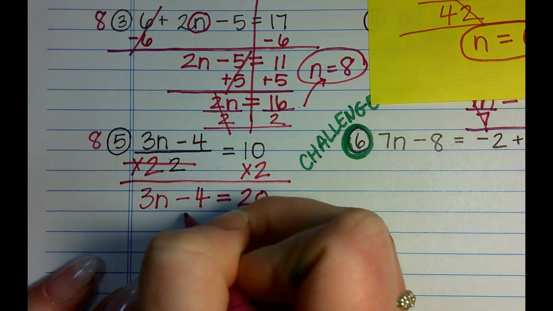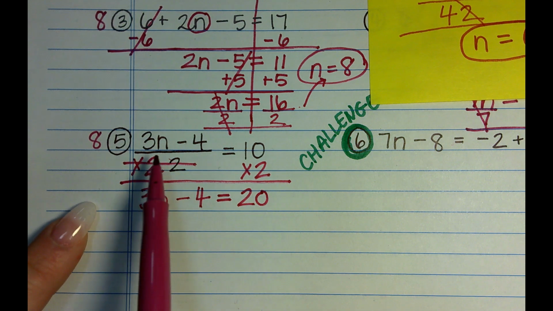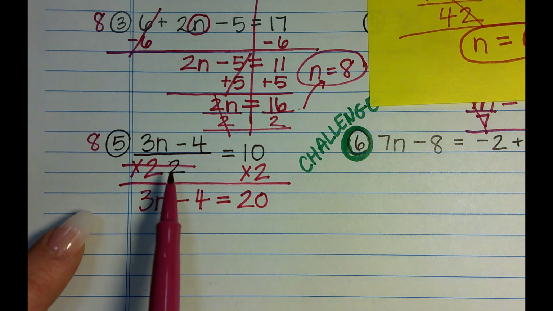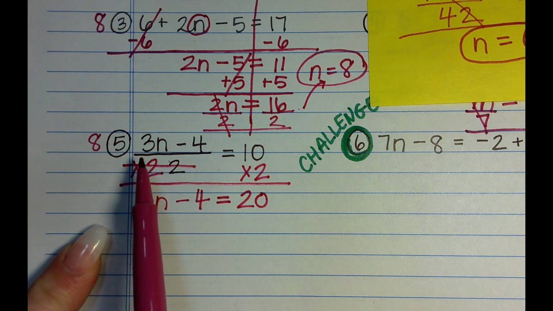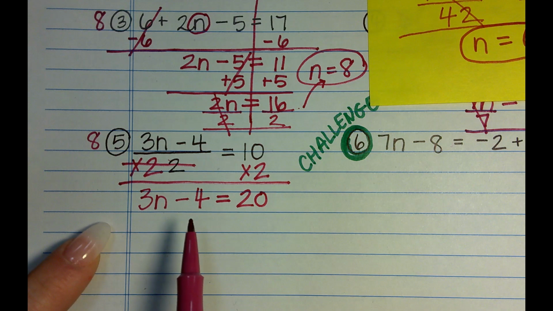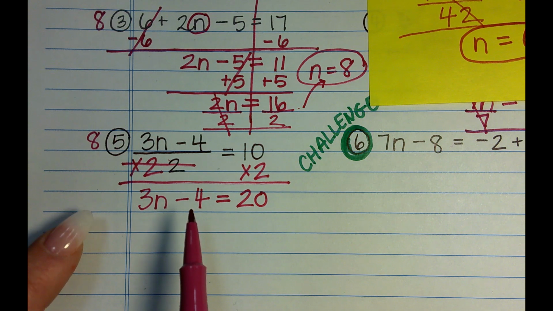Wait a minute. How is it minus 4? Because that was the original problem. We had 3n minus 4, and then that was divided by 2. So we just multiplied by 2, which got rid of that 2, and we just brought down what was on top, 3n minus 4. Did you have it written differently, maybe?